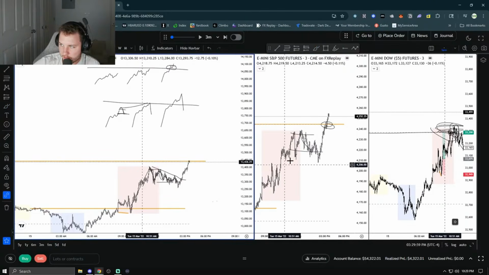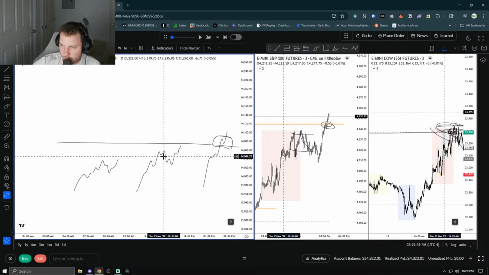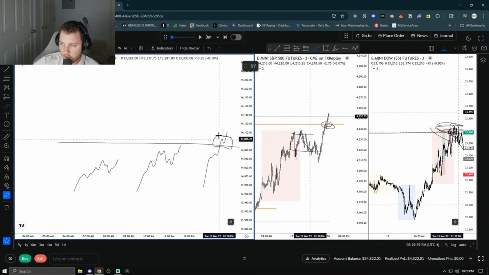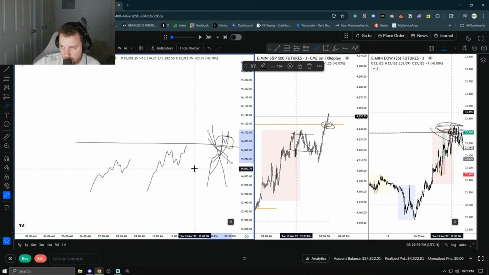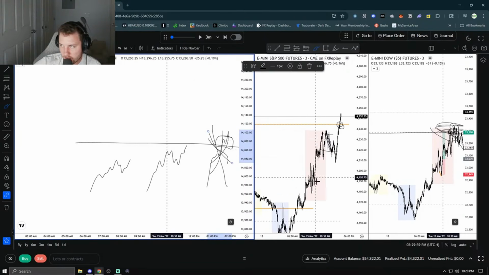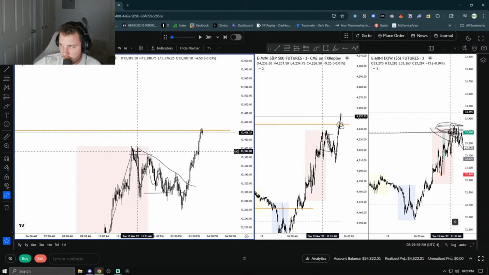But as soon as YM took it, then we get the pullback. So now my shift is I'm not even looking at YM. It's really irrelevant to me. Now I'm looking at ES because it was closer, right? If I look right here to here, see the distance.